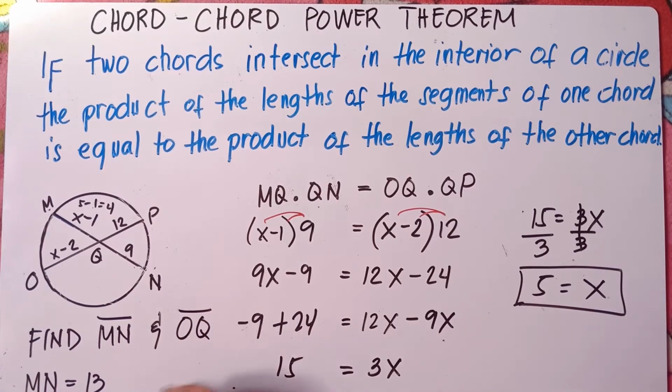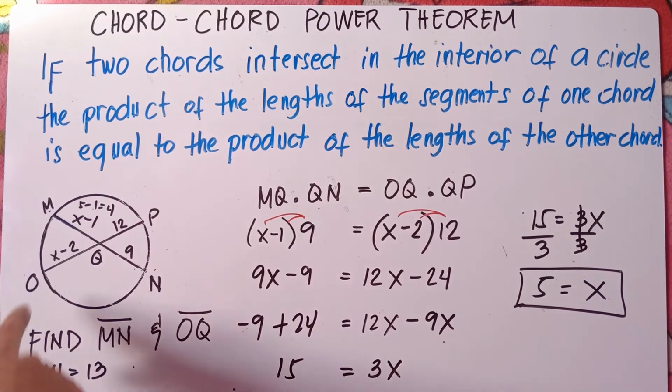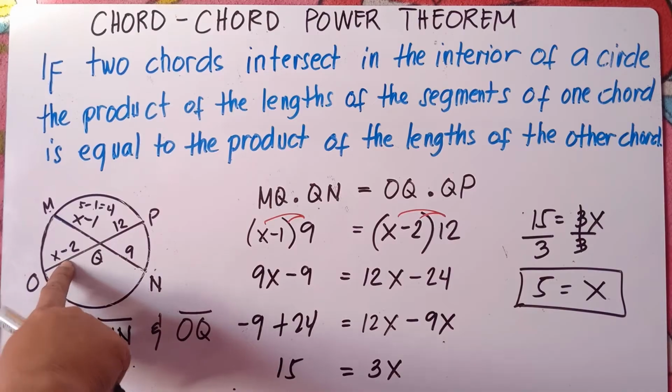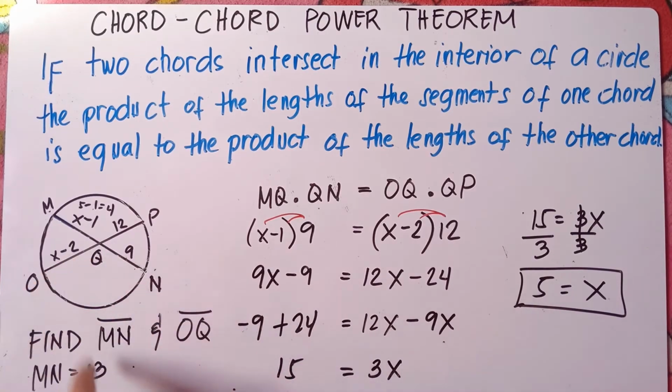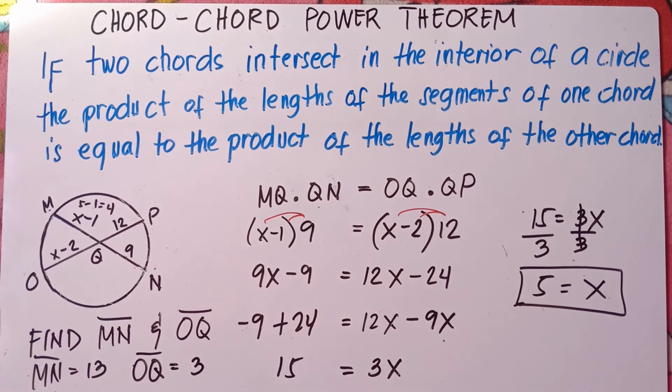And the length of OQ: if x is 5, then 5 minus 2, OQ is 3. Line OQ is equal to 3.